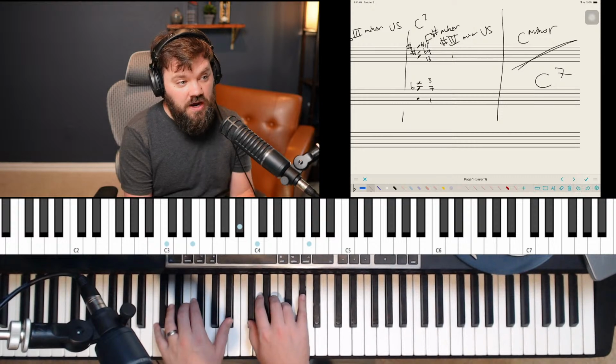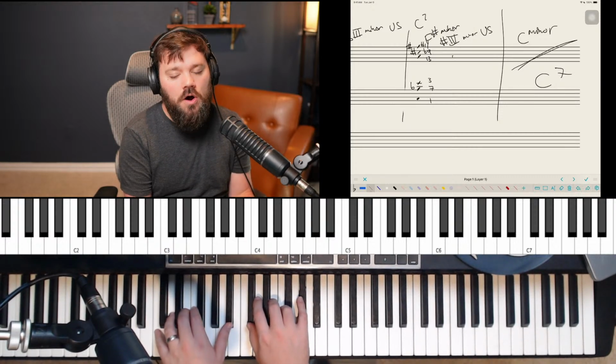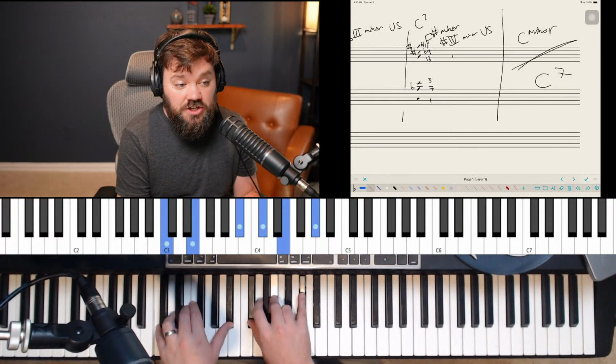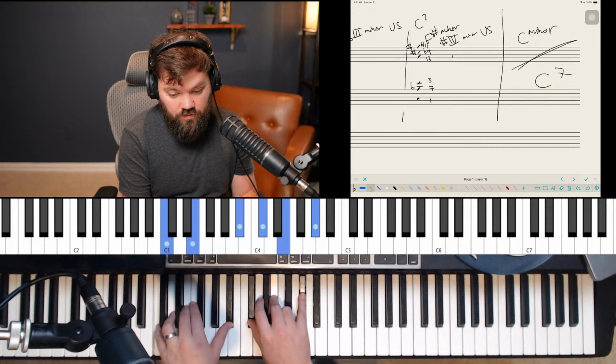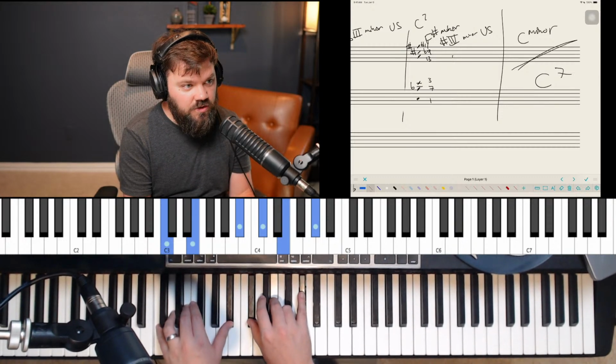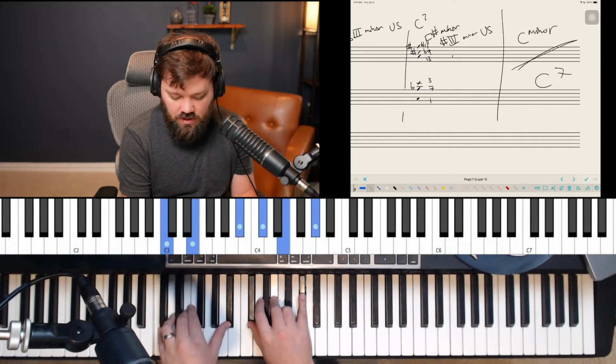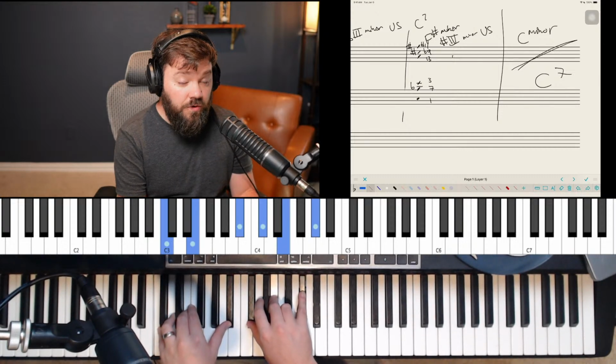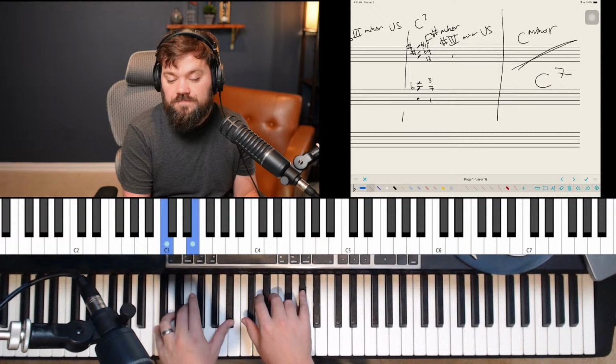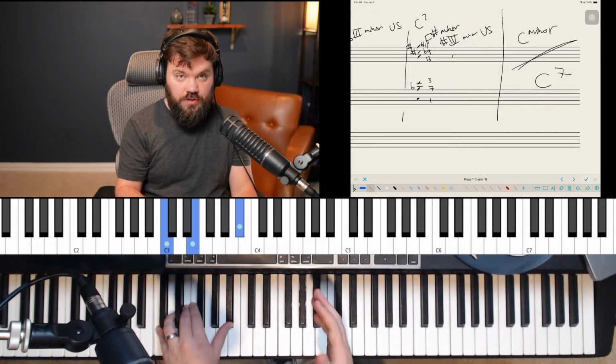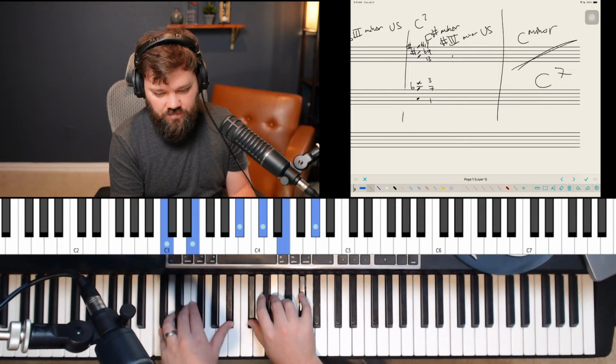We also have this really interesting one that's used all the time, which is C sharp minor over C7. And this is interesting because the middle note, or the third of the C sharp minor, lines up with the third of the C7. Right?